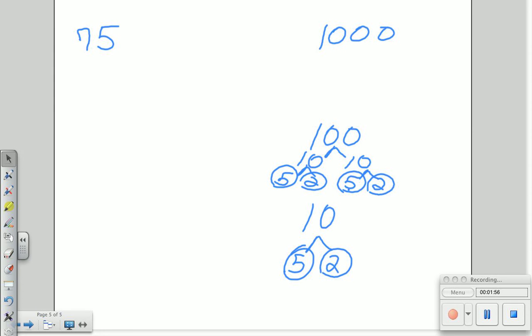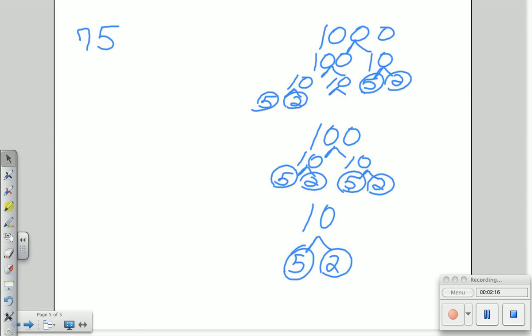We're adding another 5 and another 2 to each one. So 100 is 10 times 10, which is 5 times 2 and 5 times 2. Okay?